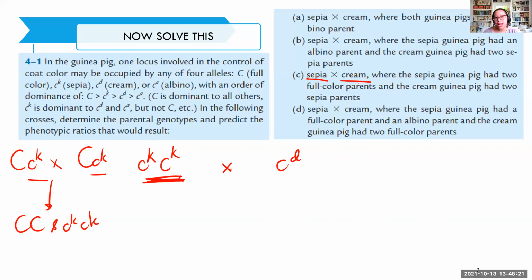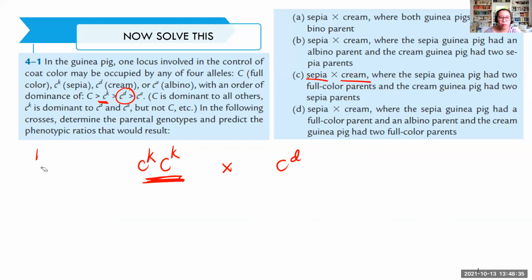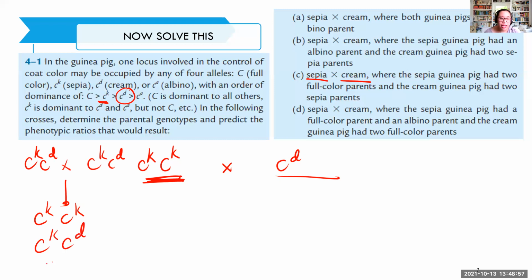And the cream had two sepia parents, okay? The same. Cream is CD, sepia is more dominant. So what does that mean? If your cream guinea pig had two sepia parents, what could it be? So, two sepia, CK, can also have a cream offspring if they are like this. So, the progeny of this will be 75% sepia and 25% cream.